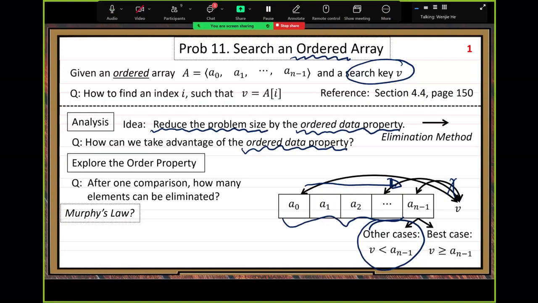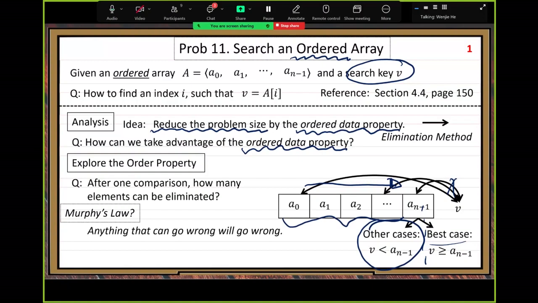One way to see how to make a good choice is to connect to the famous Murphy's law. Here you can treat it as two possibilities: one is the best case, the other is the non-best case. Murphy's law tells us anything that can go wrong will go wrong. Something you try to avoid, there is some possibility you just hit that bad case.